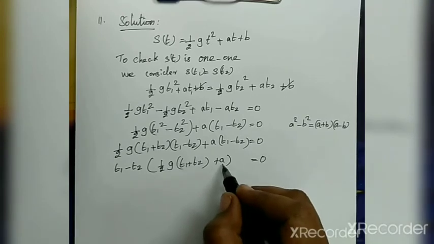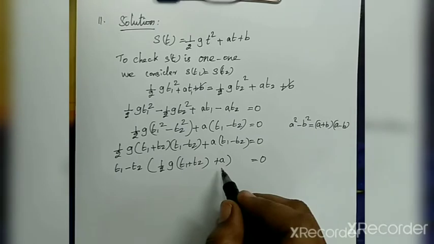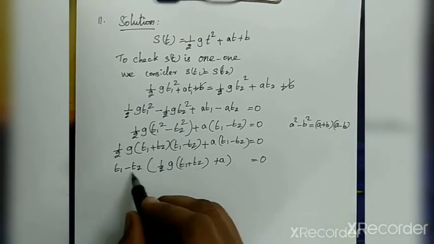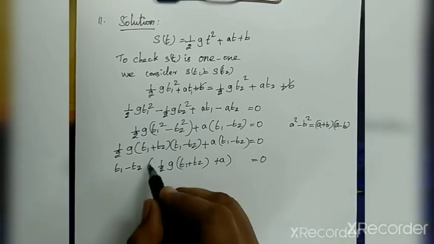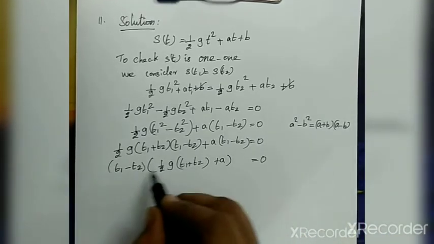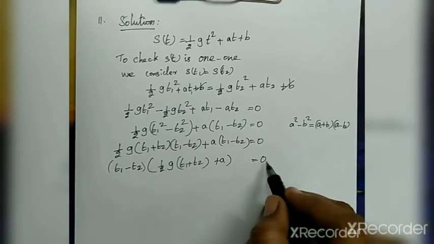Why is here a only? Because we have taken t1 minus t2 outside. Now, what does this say? The product is equal to 0 because there is a multiplication. So the two factors are t1 minus t2 and half g t1 plus t2 plus a. These two terms are equal to 0.